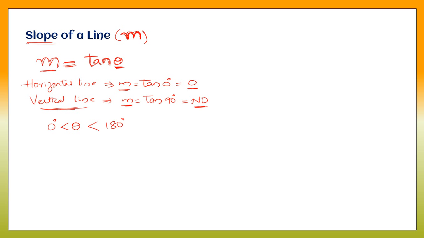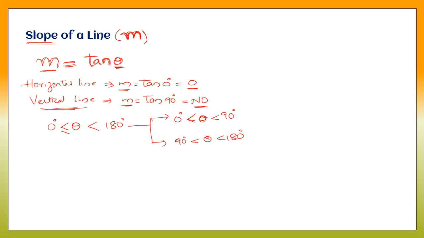I can split this into two ranges: 0 degrees to 90 degrees, which is in quadrant number 1, and 90 degrees to 180 degrees, which belongs to quadrant number 2, right?